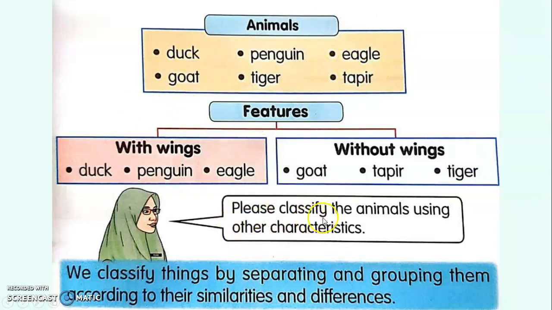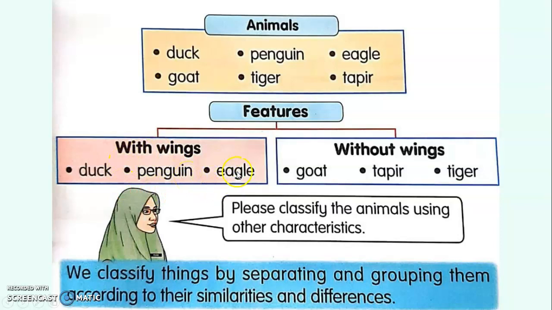Okay, class. Please classify the animals using other characteristics. Kita classify guna ciri yang lain pula. For example, here we can substitute with animals with 2 legs. Okay, duck has 2 legs. Penguin has 2 legs.